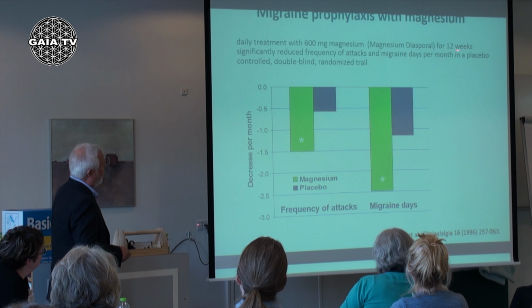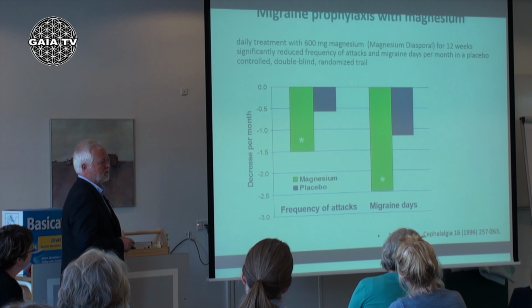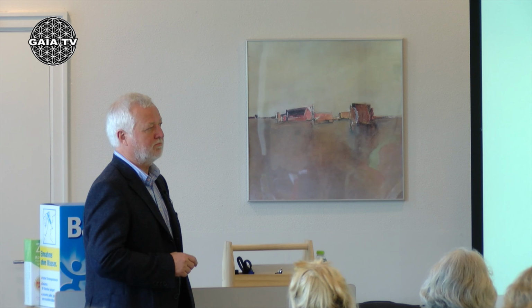In this study, 600 milligrams of magnesium were given. I know patients with severe migraine that use 600 milligrams, and we said, well, try more. And then they used 900 milligrams and said, yeah, maybe it's a little better. And then we said, well, if you stand it, try more.